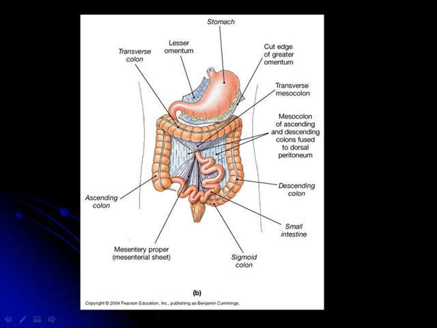And again, these are other layers, the mesocolon of the ascending and descending colon, which fuse to form the dorsal peritoneum. As you can see, these tissue structures would actually attach to portions of the peritoneal wall and hold these organ structures in place.